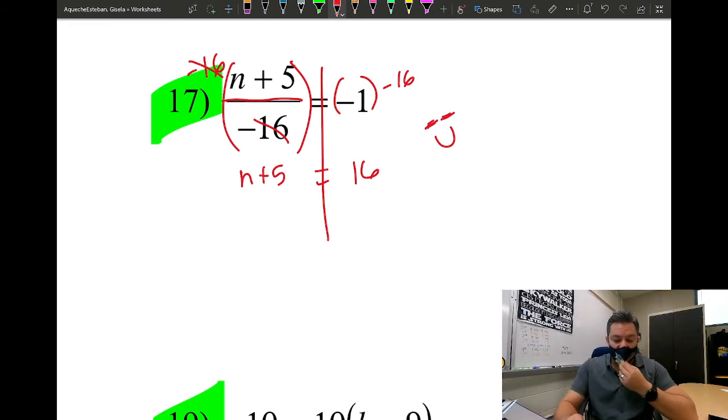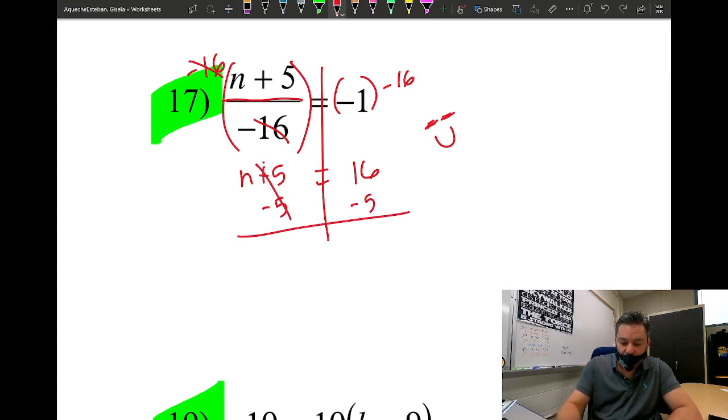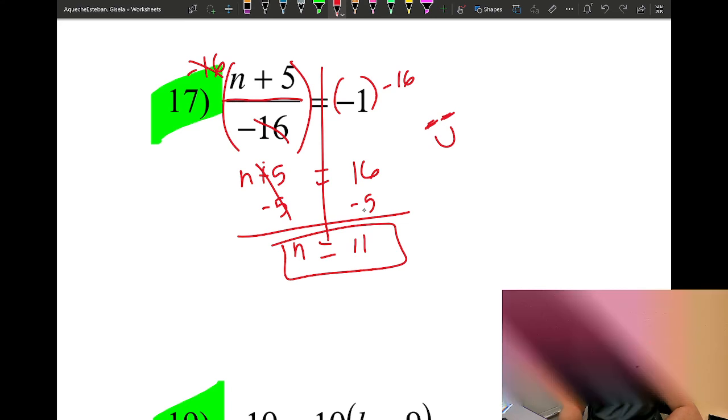Now we have a very simple equation. One last thing to get rid of in there. The 5. What is the 5 doing? Look at this sign right here. So the opposite is subtract, so we're going to subtract 5 on both sides. That cancels out, and I'm left with n equals 11.